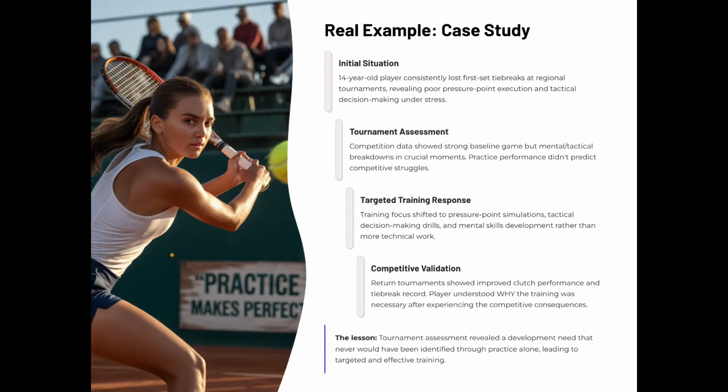So then the competitive validation. We talked about the open, which was the initial situation: here's what's going on. Then they closed it down, trained it, and now open it back up. Competitive validation: return to tournaments showed improved clutch performance and tiebreak record. The player understood why the training was necessary after experiencing the competitive consequences, right?